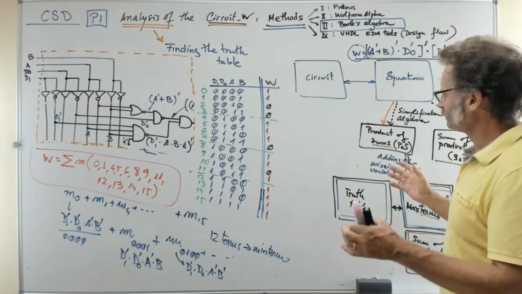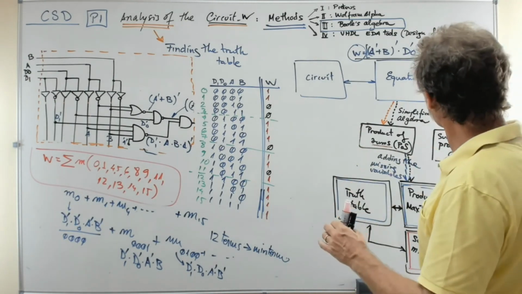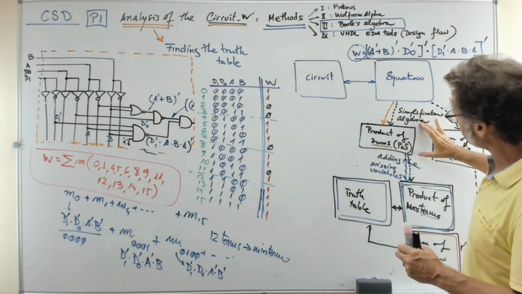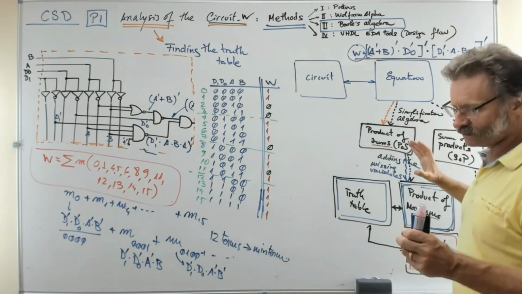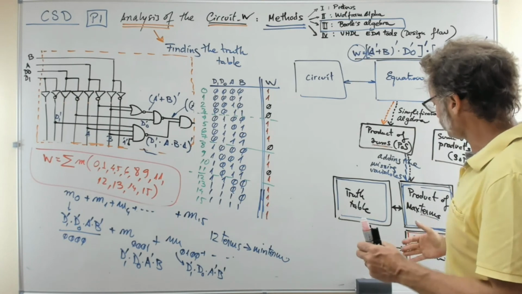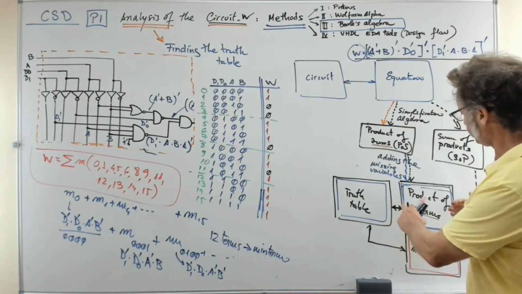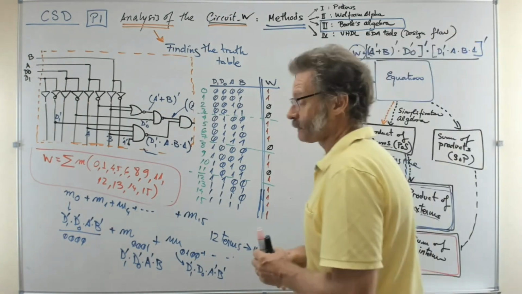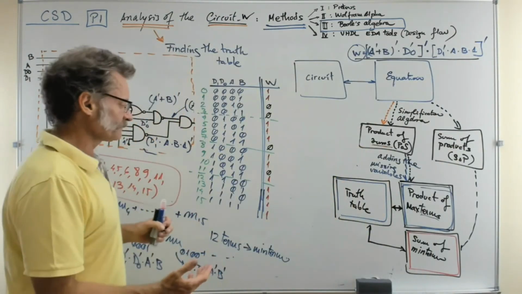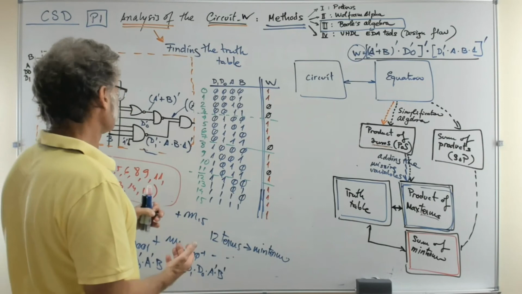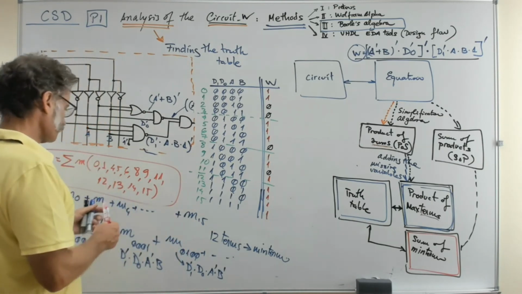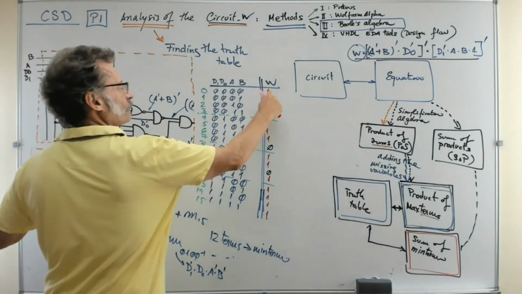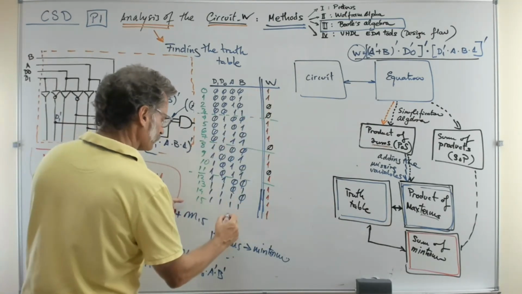So we will develop the product of sums or sum of products, either way, and then from this intermediate result, we will go to the end, to the truth table, by means of adding the missing variables. All right? So in the end, you have that compact expression, which is all the terms which are 1 in the truth table, or that one which is the same.